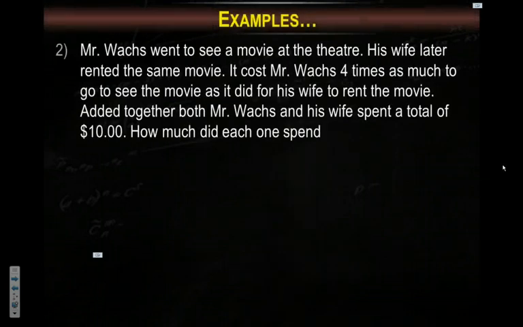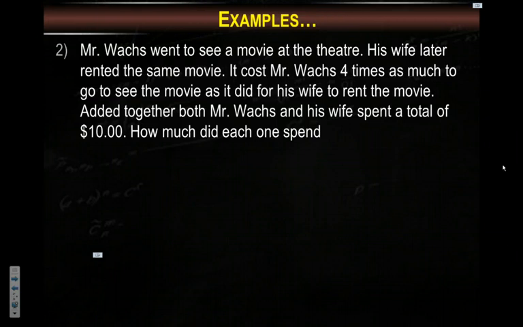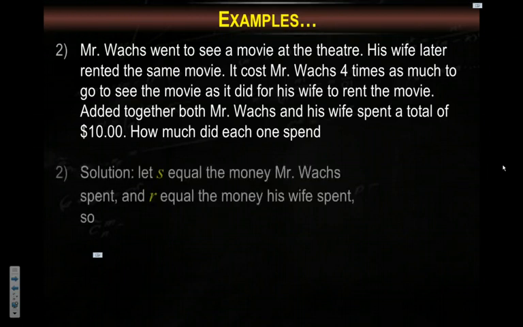Let's try another one. Last night I went to a movie. My wife later rented the same movie, back in the days when you could rent movies. It cost me 4 times as much to go see the movie as it did for my wife to rent it. If we add the cost of what both of us spent together, we spent $10 altogether. How much did each of us spend? Now hang on. I know you can maybe answer it, but let's work it out.